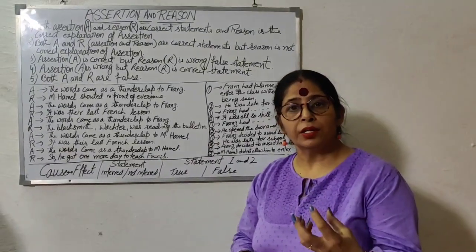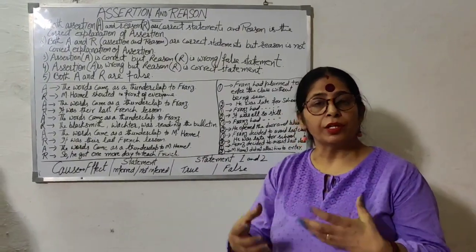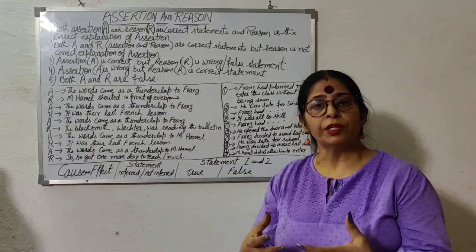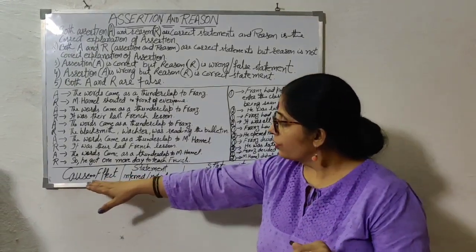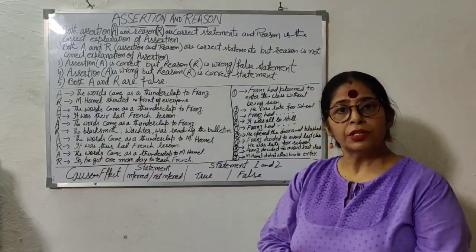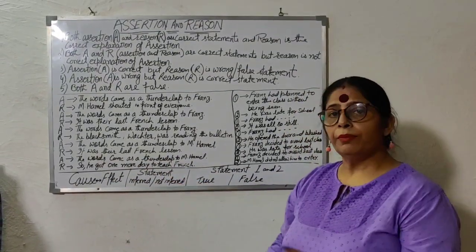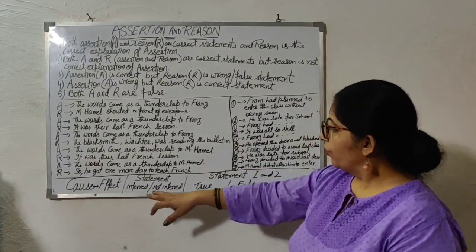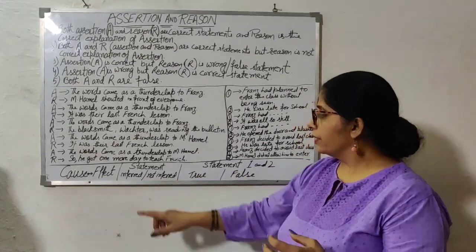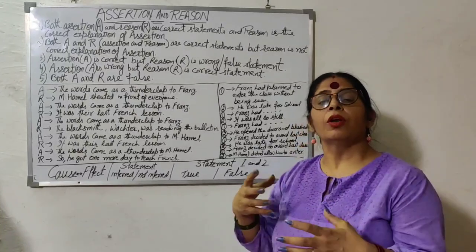One statement will be showing the cause, another statement would be showing the effect of this cause. So you can take it as a cause and effect question. Or sometimes you may get two statements and the question can be whether these statements can be inferred or not inferred.